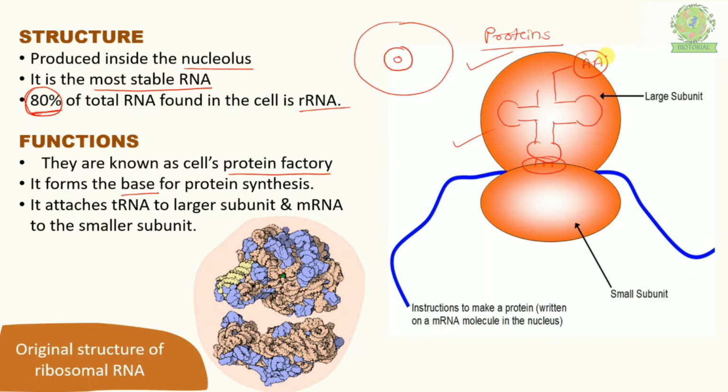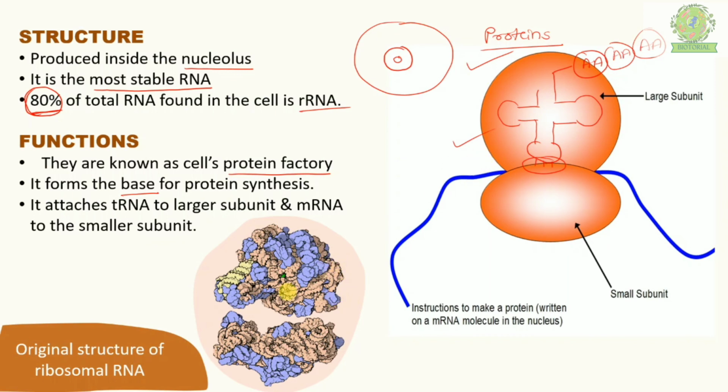Here we can see that the amino acid is present, and here itself the chain of amino acids will be formed. Many amino acids one by one will come and link together, thus giving rise to protein formation. So this is how the whole process takes place. About this process we will learn in another video.